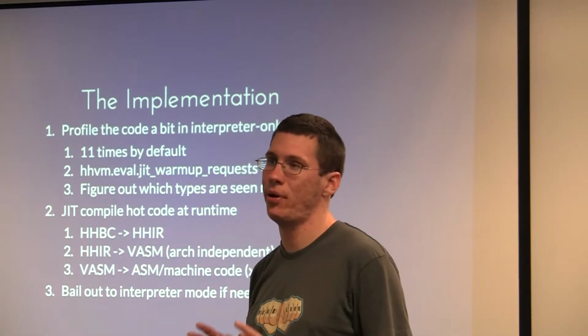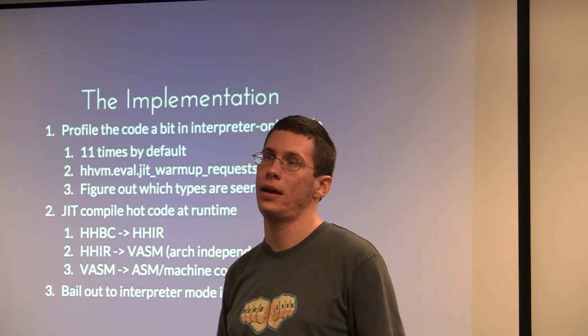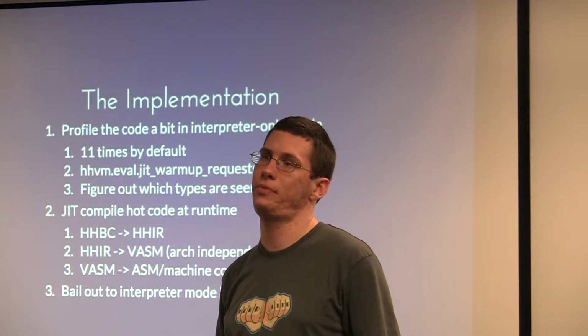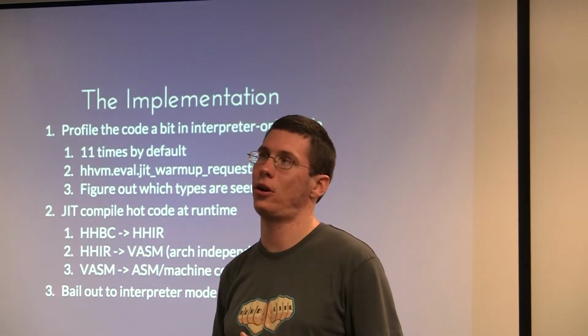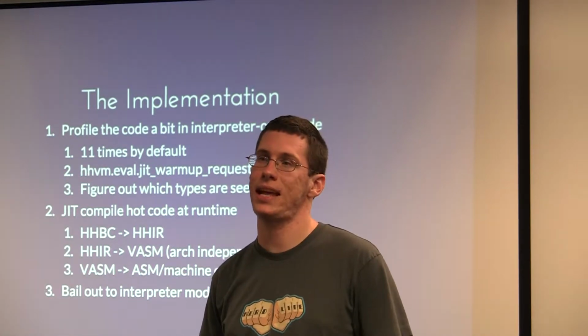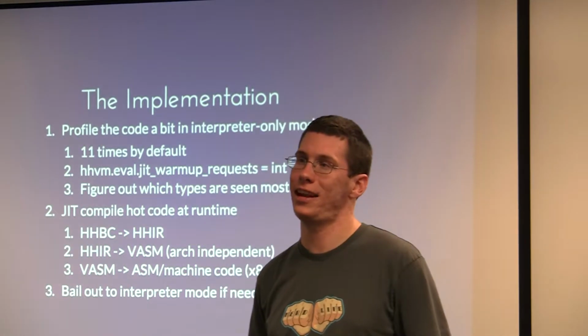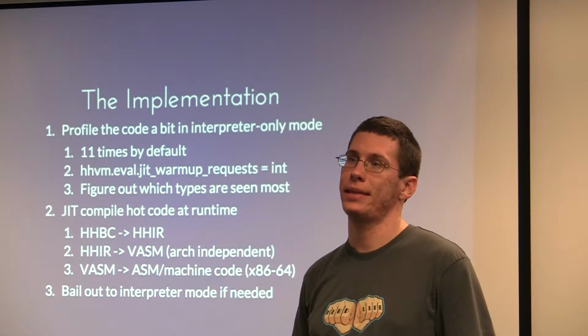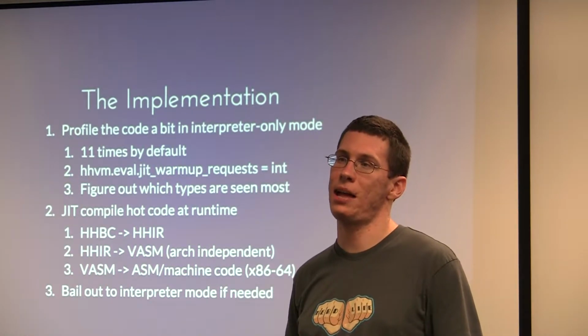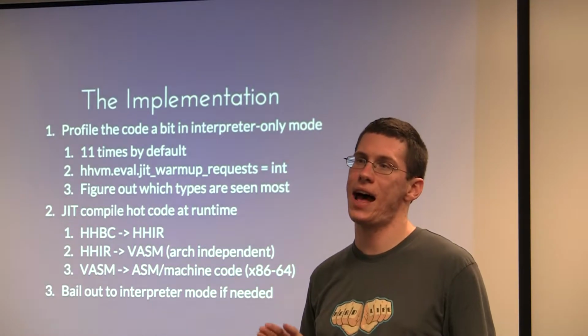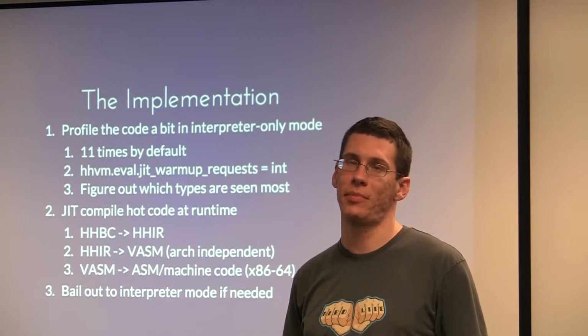And at any point in the process where your arguments are, oh, I'm being passed a string rather than an integer, or I'm being passed a float rather than an integer, the runtime can say, oh, wait a minute, I don't have an optimized function for this.